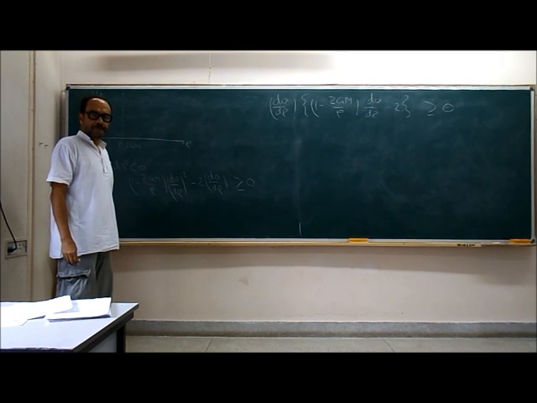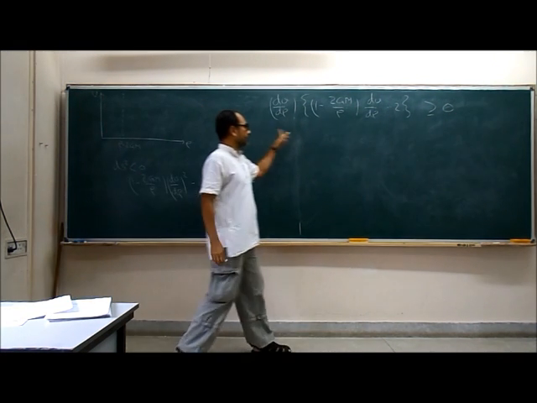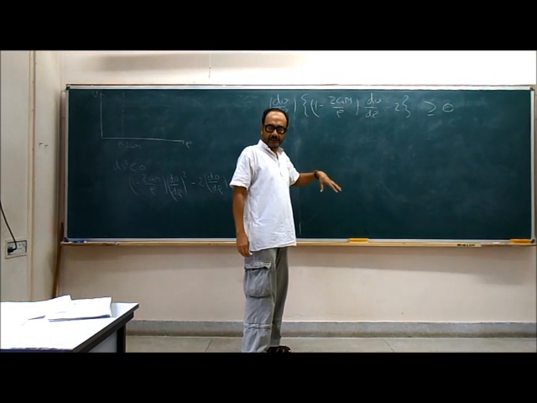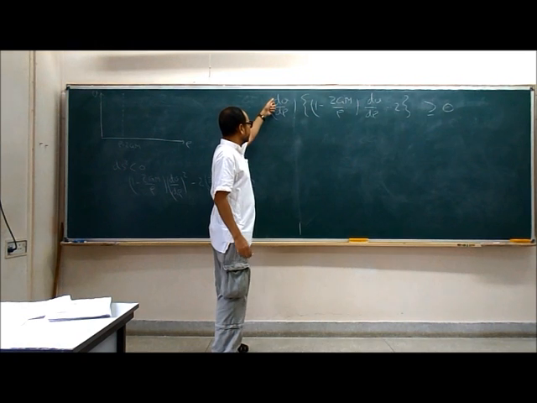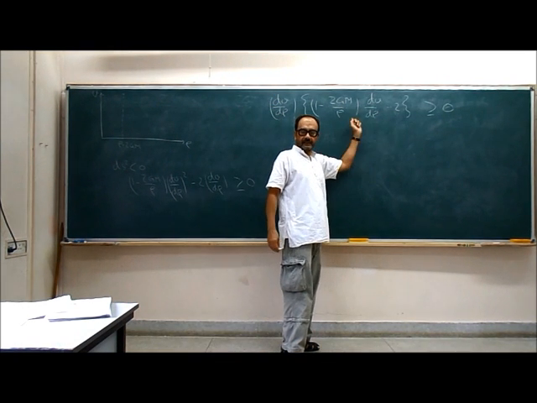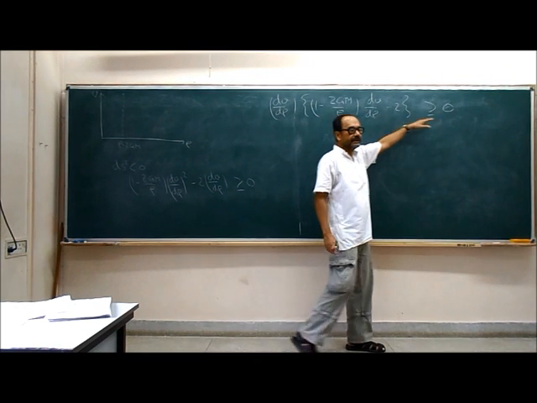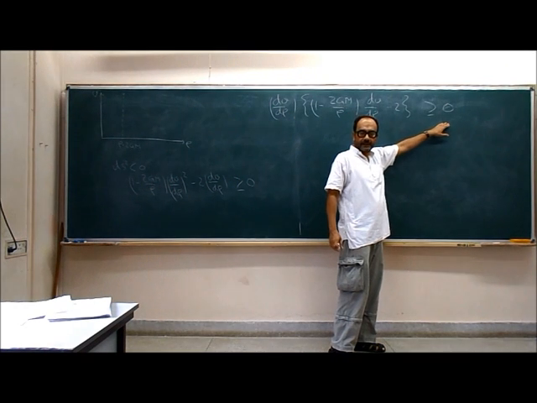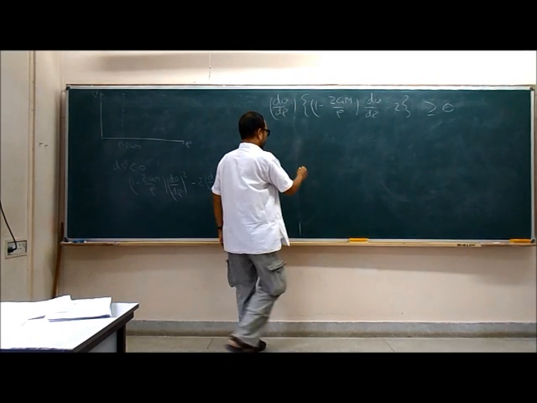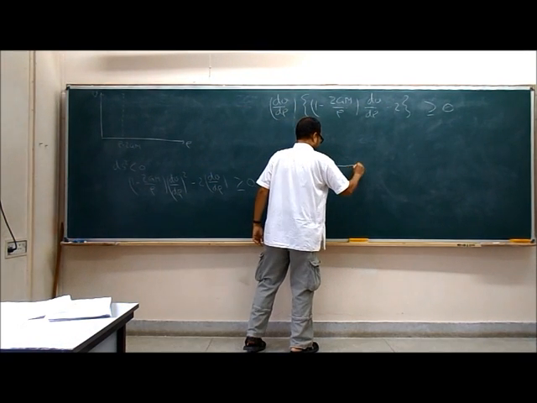Is this okay? So first, let's draw the boundaries. Then you will see which is the allowed region. The boundaries are when dv0 is 0, and the other boundary is when this factor is 0, because that's the place where the inequality becomes equality. So the dv0 equal to 0 boundary is clear. It's the horizontal axis.